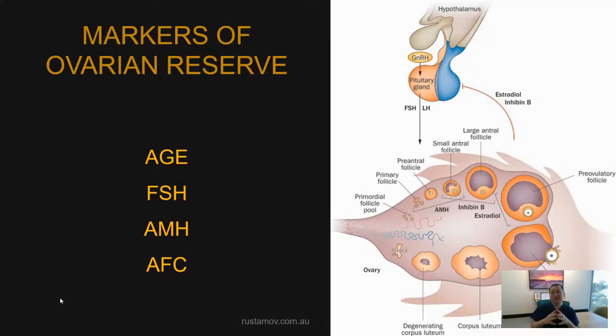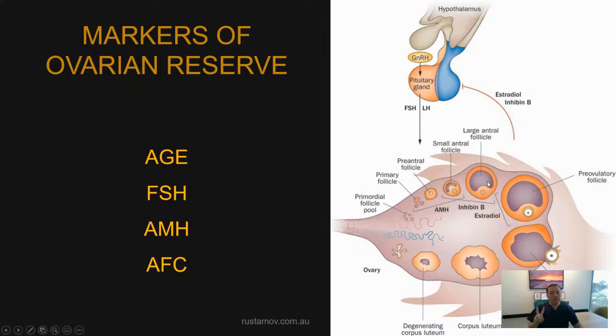FSH is an indirect marker of ovarian reserve because FSH is produced from the pituitary. It's not directly produced from the ovaries. FSH is produced in response to activity of follicles in the ovaries. If you have a high number of follicles, you have a lower FSH. If you have fewer follicles, less ovarian activity, then you have a higher FSH.